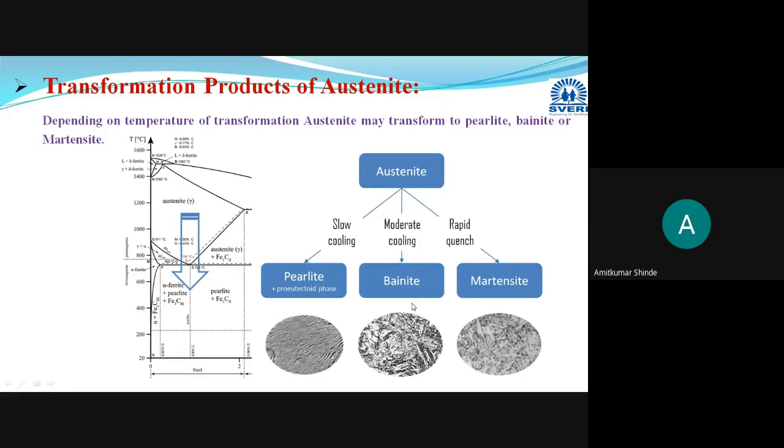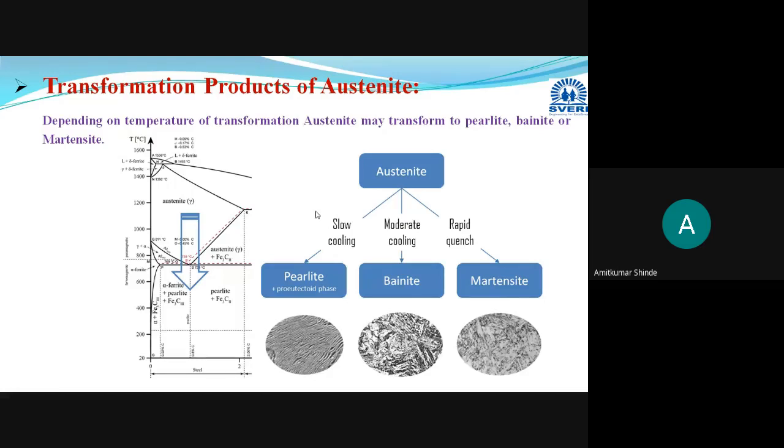Which type of cooling rate you have to use to get which type of transformation product, and what kind of properties that product has, decides its application at room temperature.